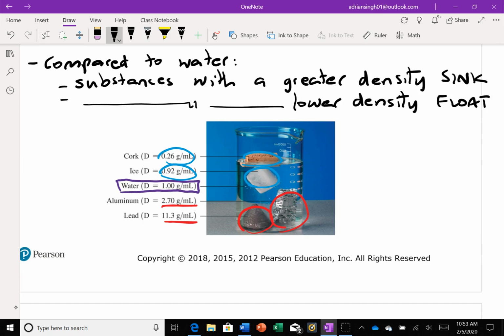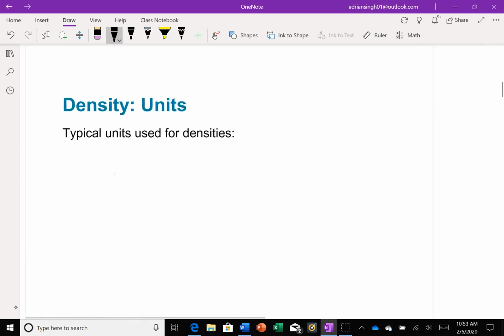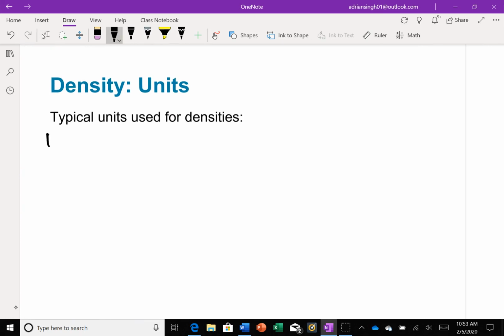And we can make some pretty solid conclusions just based on what we observe when we place something in water. So we mentioned that density is equal to mass over volume. And as such, the units of density will reflect those units.